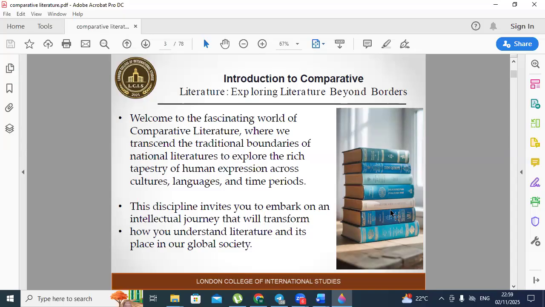The phrase rich tapestry of human expression evokes the diversity and interconnectedness of global stories. Most importantly, it frames this not as a passive subject to learn, but as an intellectual journey that promises a transformation in how you perceive literature's function in a global society.